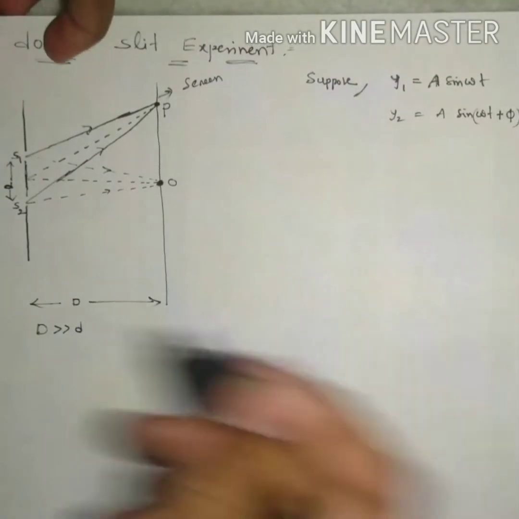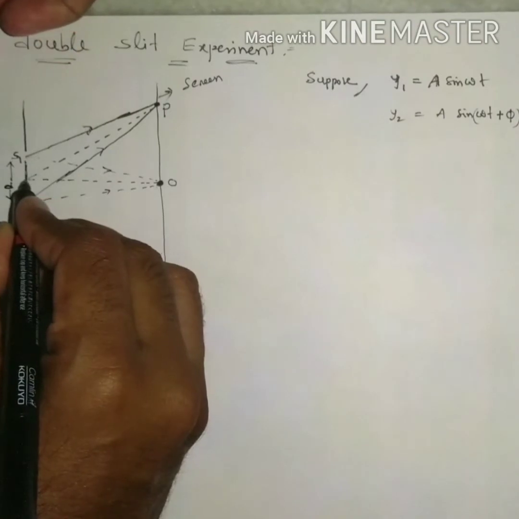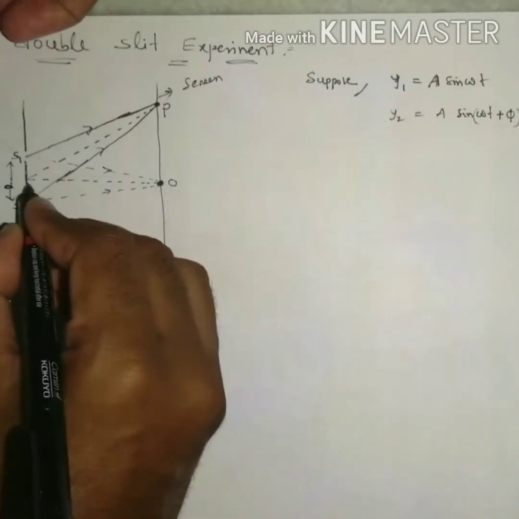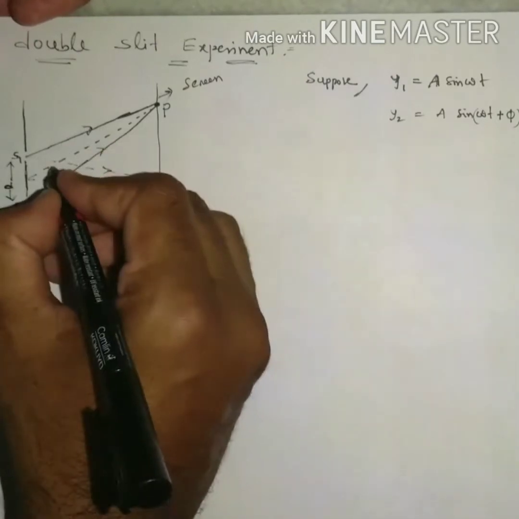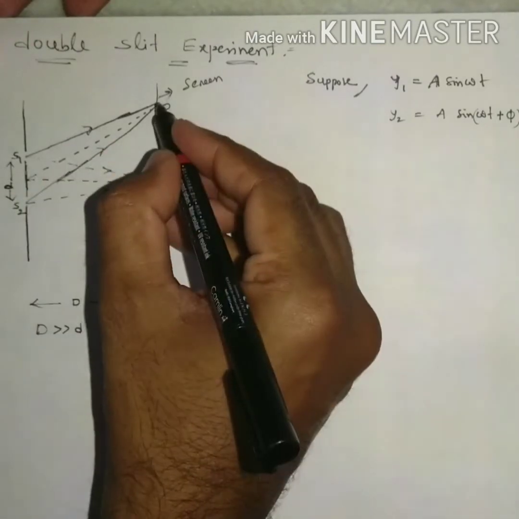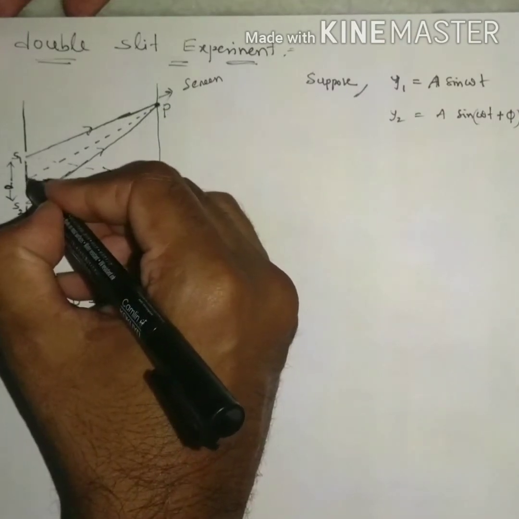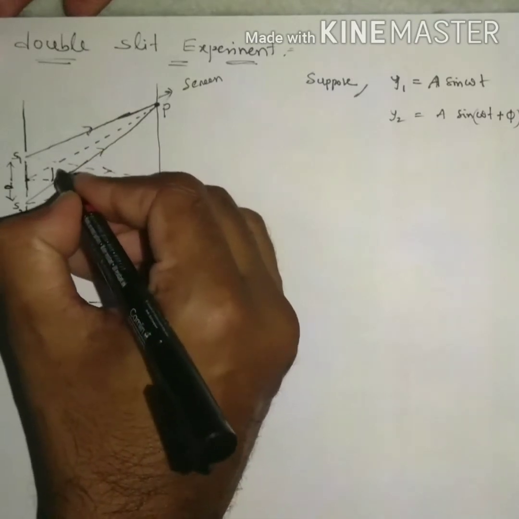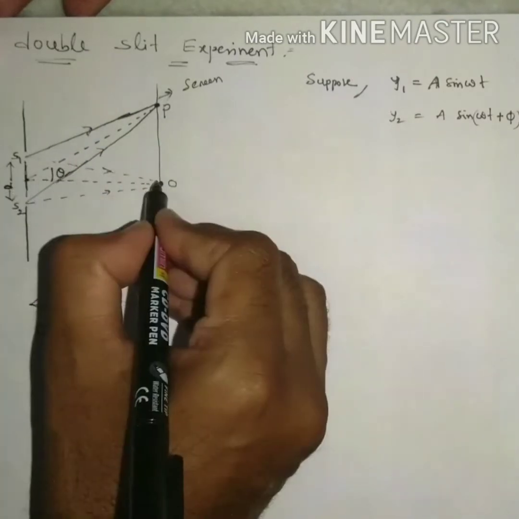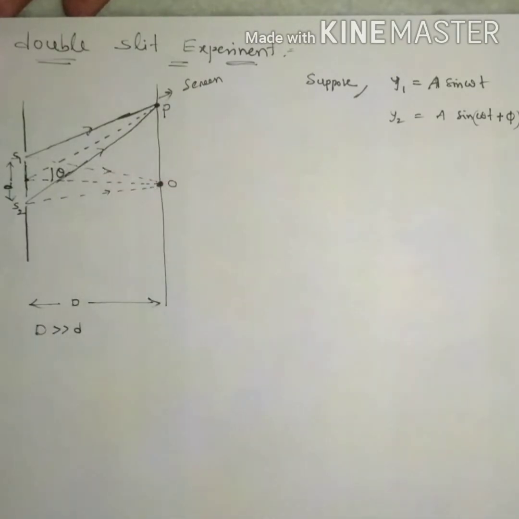Suppose this is the perpendicular bisector drawn from the slits to the screen, and a line is drawn from the center to point P. These two lines make an angle theta.